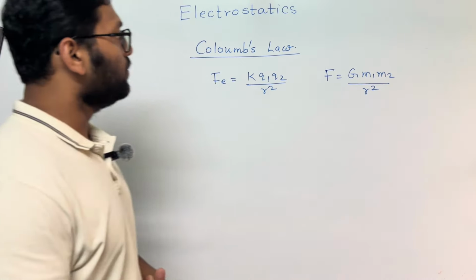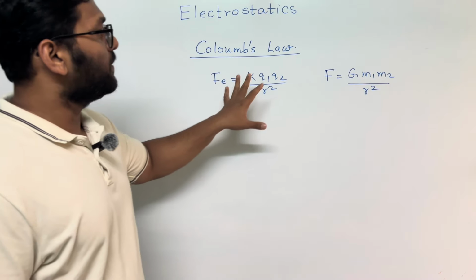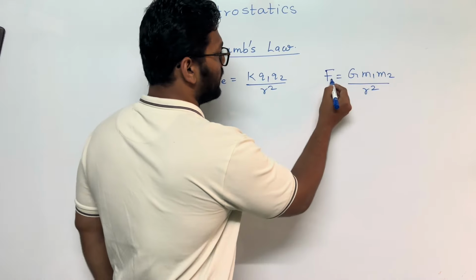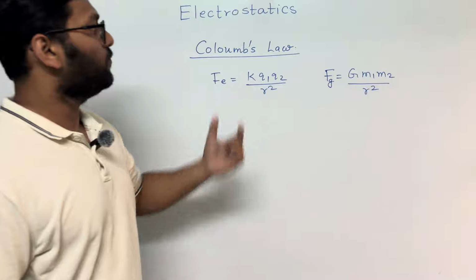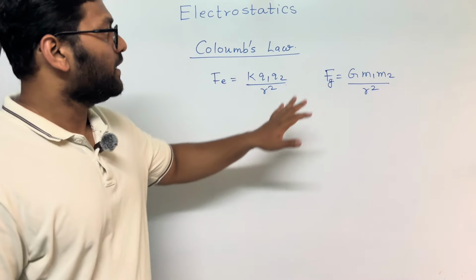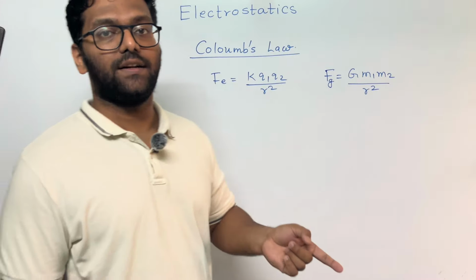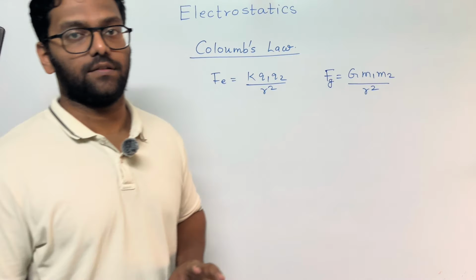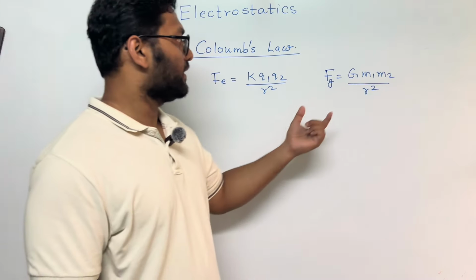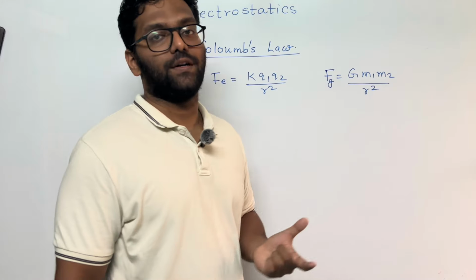Now see the difference between the gravitational force, which I will write as F_G, and the Coulomb force. The gravitational force is always attractive, but the Coulomb force can be attractive and can also be repulsive. One more difference is that gravitational force does not depend upon the medium.